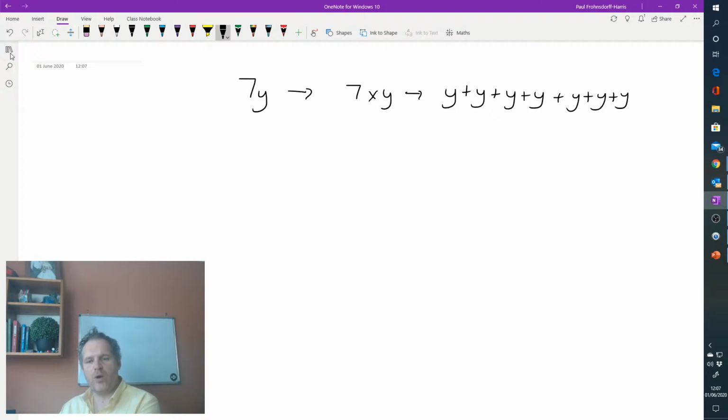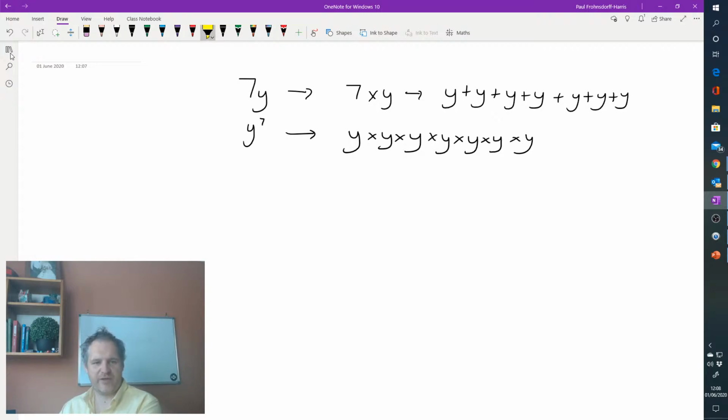There's 7 y's there. 7 of them. If we add them all together, there's 7. Y to the power 7 is y times y times y 7 times. So it's timesing itself 7 times. They are slightly different. They are two different things. That is different from that. Okay, and that's quite important.